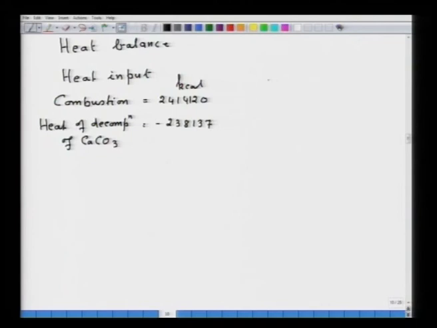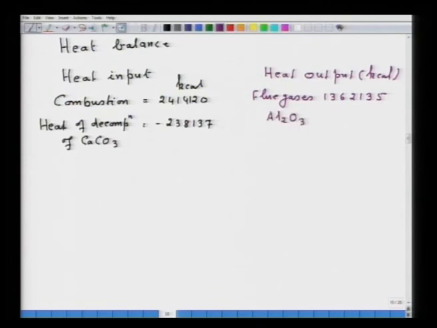Now, heat output, that will also be in kilocalorie. Flue gases will be equal to 136,2135. Then Al2O3, it is being discharged at 1000 Kelvin, it will be 183,431. Then heat losses are given as 10% of the input.